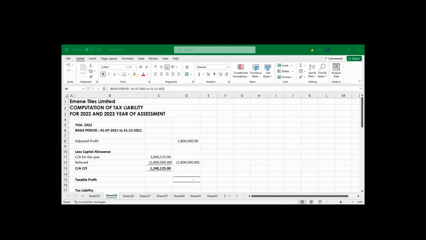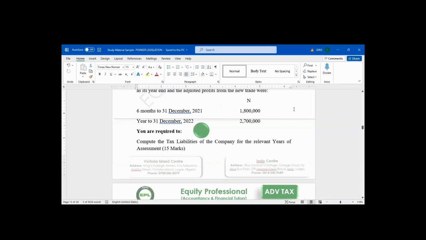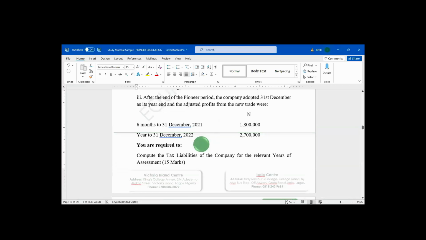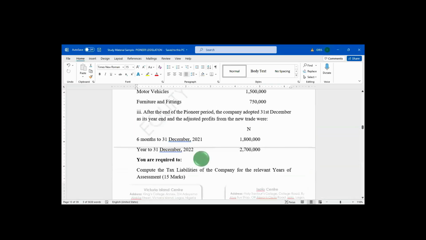Let me share the question again so that we can see. The adjusted profit for the 6 months is how much? 1.8. For the 6 months of the post-pioneer period, 1.8.